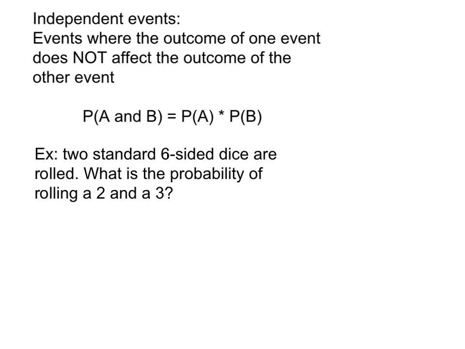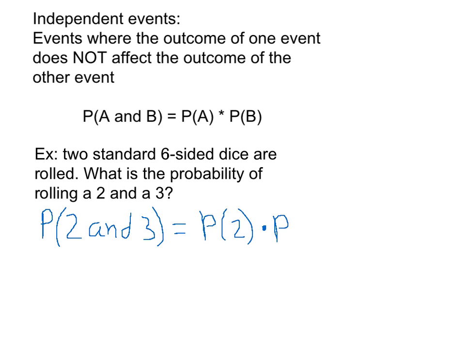Using our notation from above, I can rewrite the same question as: what is the probability of a 2 and a 3? Now, because these are independent events, this should just equal the probability of rolling a 2 times the probability of rolling a 3.